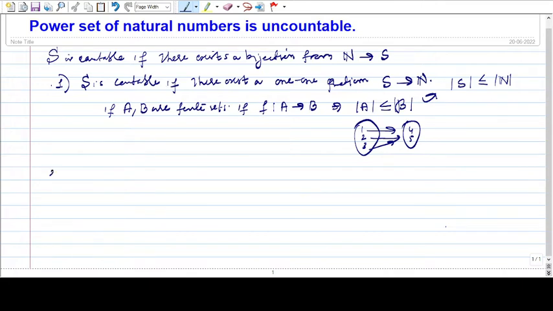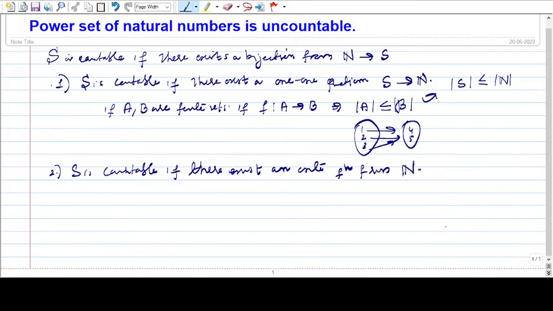Similarly, S is countable if there exists an onto function from N to S. Same idea here.